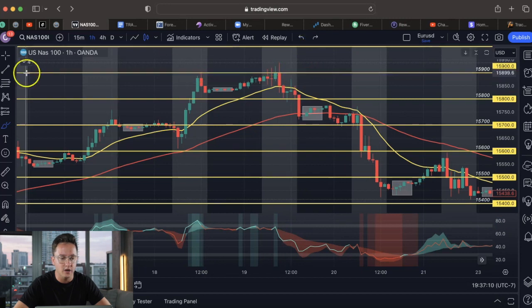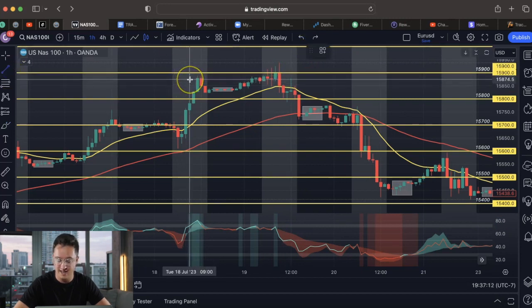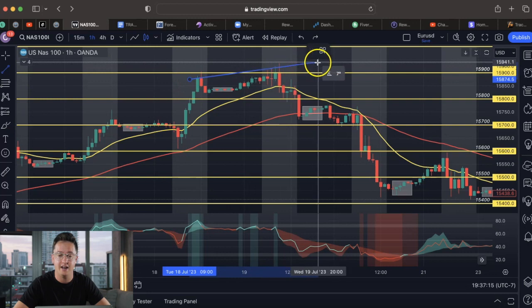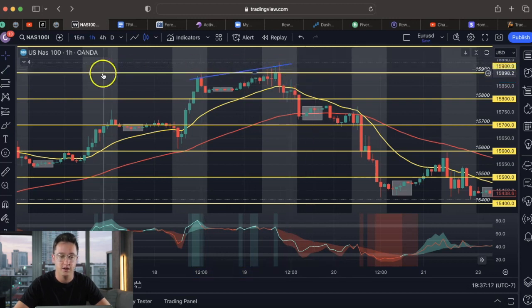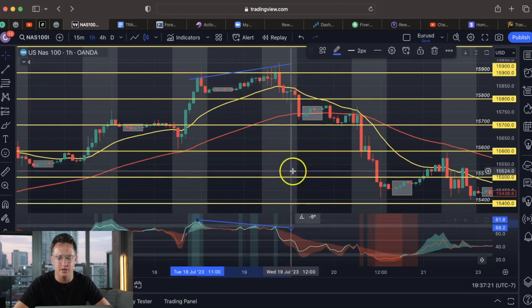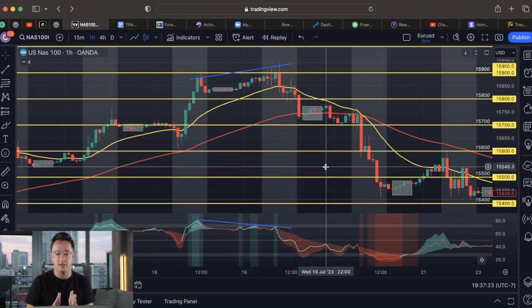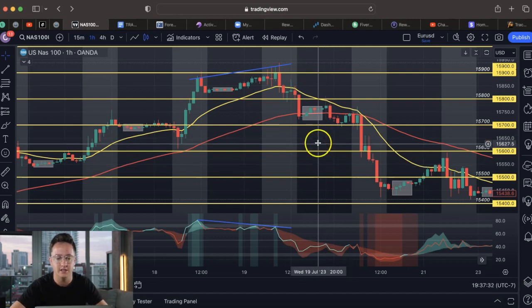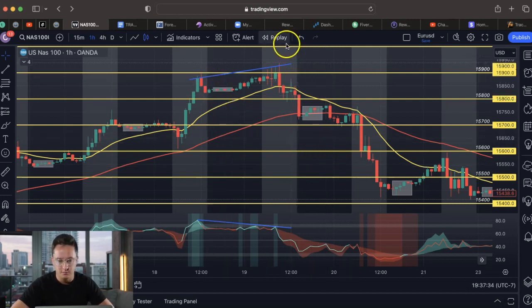Notice with these highs, we're going higher on the actual chart, but then the data is saying, no, we're not going higher, we're going lower. So it's very important to be able to identify when it's going to be a false breakout.